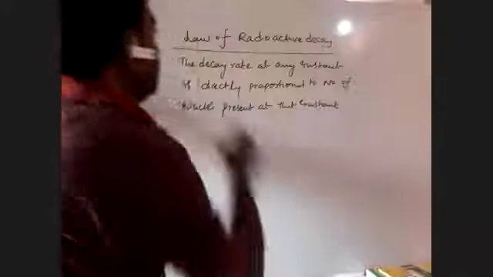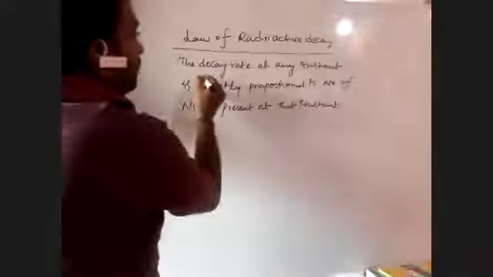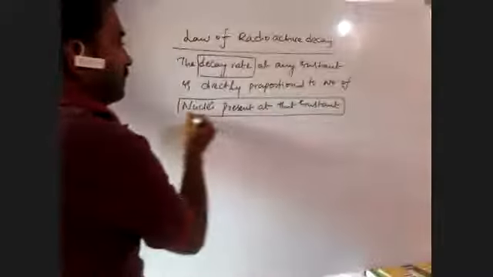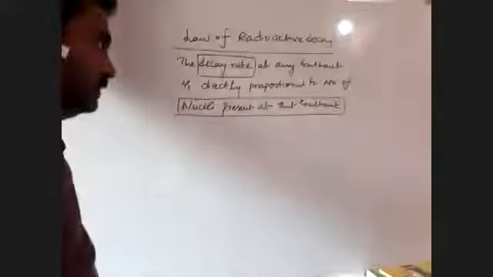We'll discuss the definition in detail first. There are two terms. One is decay rate. And the second is the number of nuclei present at that instant. This is very important. Decay rate.